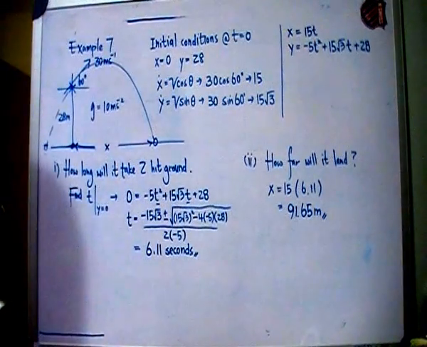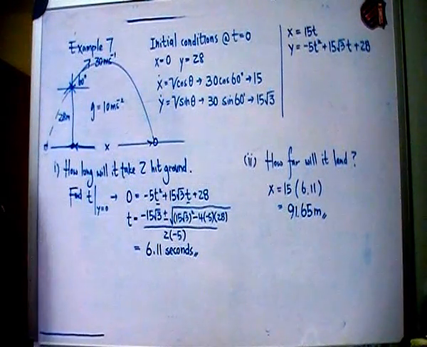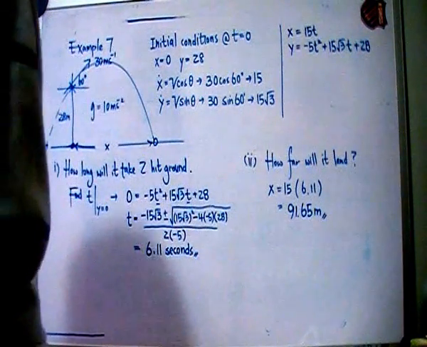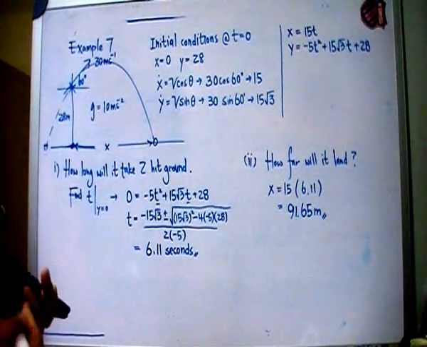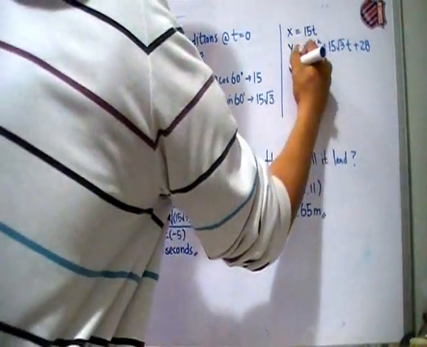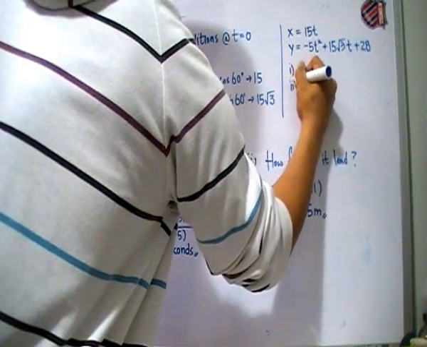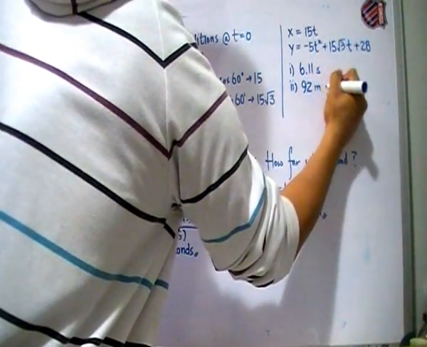Alright, so they're pretty elementary questions. Then we go on to something like part 3, right? At what velocity will it strike the ground to the nearest whole number? So here we got 6.11 seconds for part 1, and about 92 meters for part 2, so I'll accept that.